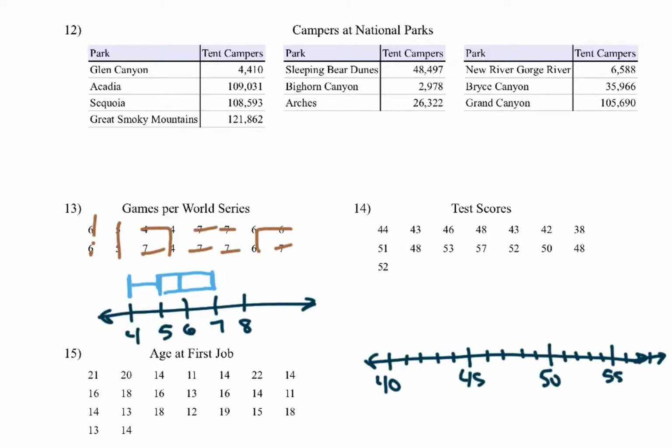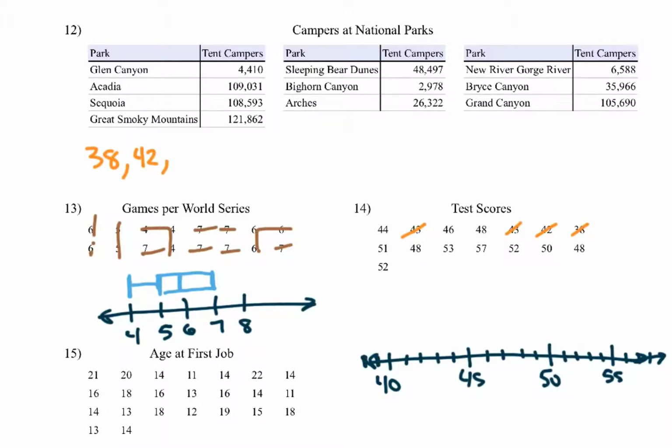That should be enough. So line them up in order, first of all. Lowest looks like we've got 42. Then 1, 2, 43s. Oh, a 38. Did not see that 38.